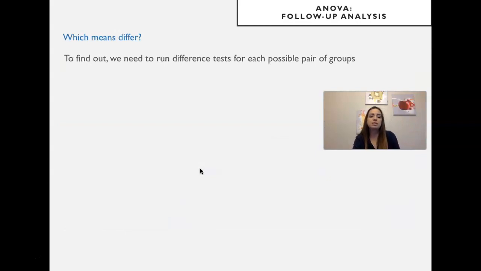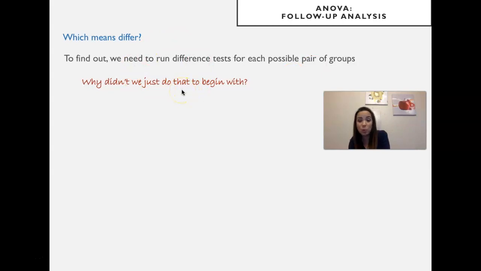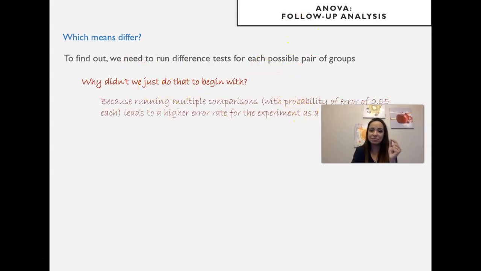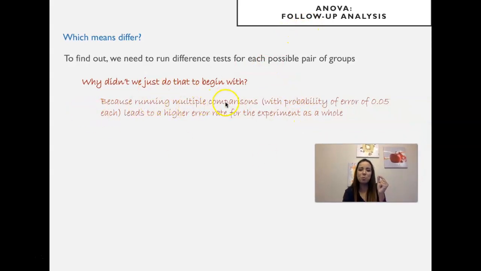Now, which means differ is the next step. We do follow-up analysis for that. To find out, we need to run different tests for each possible pair of groups. So why didn't we just do that to begin with, if that's what we will end up doing? Because running multiple comparisons with probability of error of 0.05 leads to a higher error rate for the experiment as a whole.